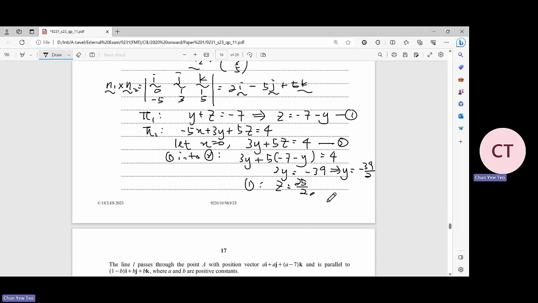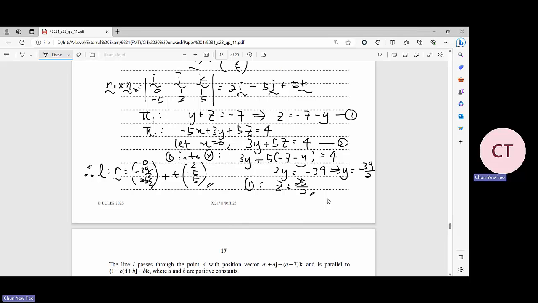Okay, so from here, therefore, the equation of line L will be r equal to 0, -39 over 2, and 25 over 2 plus λb. The b will be 2, -5, 5.